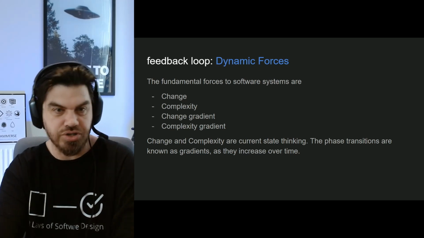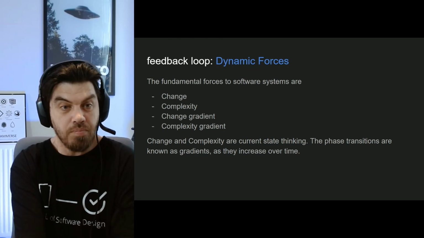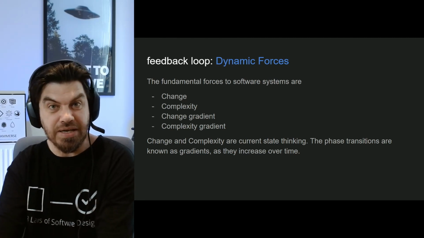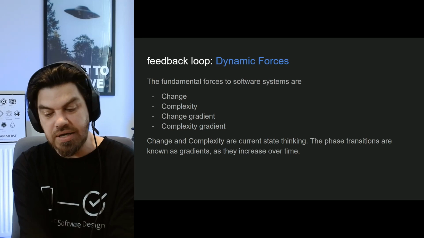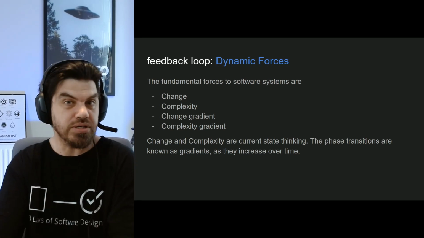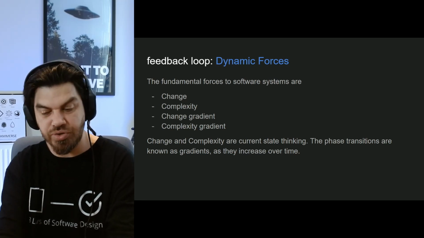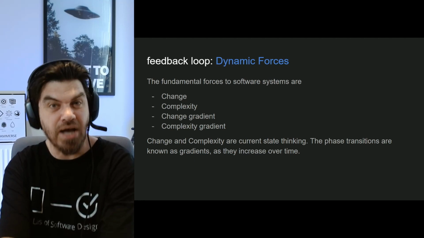We pay attention to the gradient. When we build it minimally, we say, well, it's minimal now, but what is it going to change to be later? Perhaps minimal is too minimal for what we need at a later point in time because of the change and complexity gradient, because it deals with these things and the change rate is high.